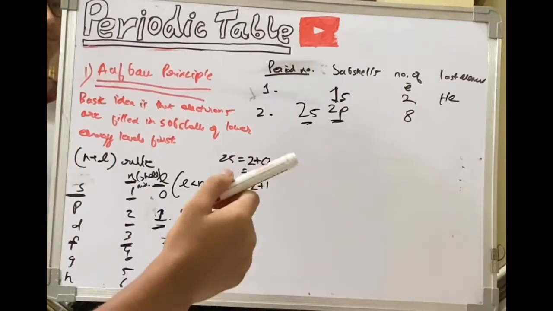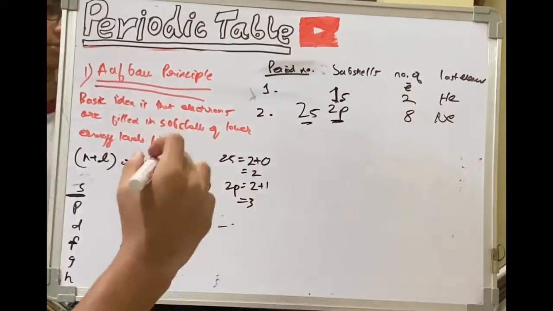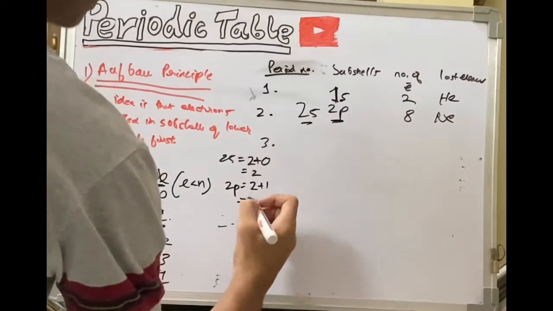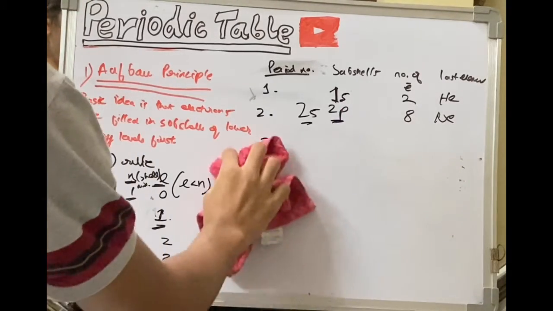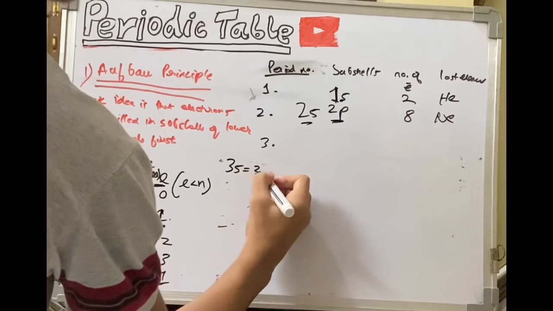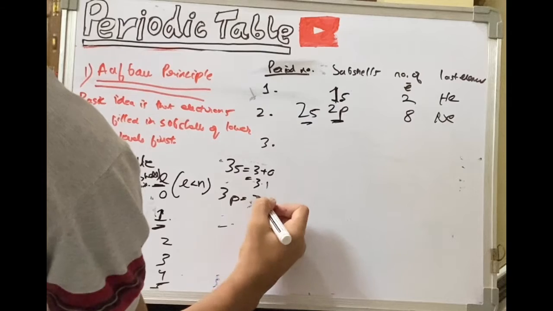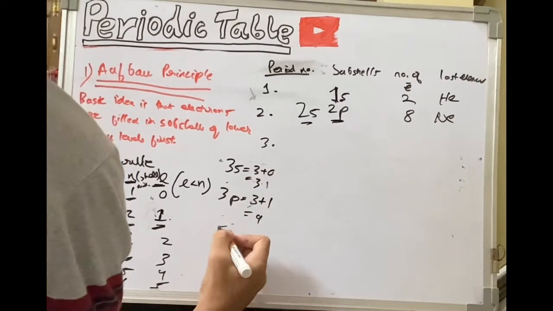So helium, there is no third orbital. So here again we'll compare it. So it will be 3s, it will be 3 plus 0, 3, so it will come first, of course. And 3p, it will be 3 plus 1, 4, it will come after 3s.